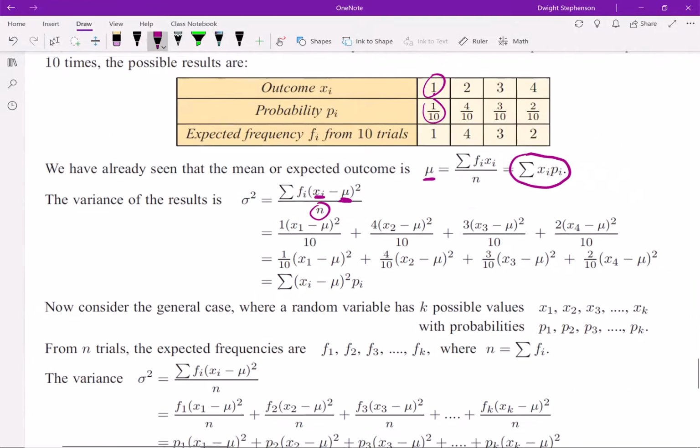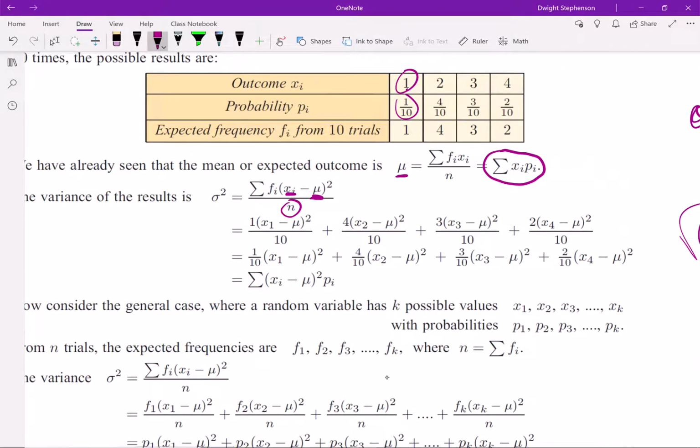But notice that in this specific example the frequencies are 1, 4, 3, 2. When you divide by n, these just become the same thing as the probabilities of those things happening. So you could have just written this whole thing and not worried about the frequency, but only considered the probability, right?